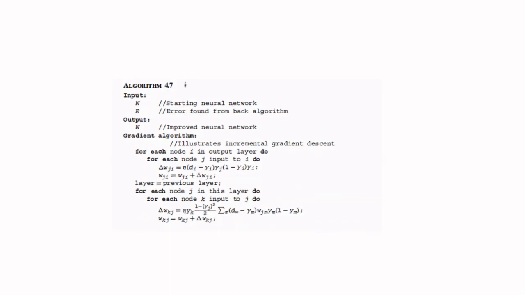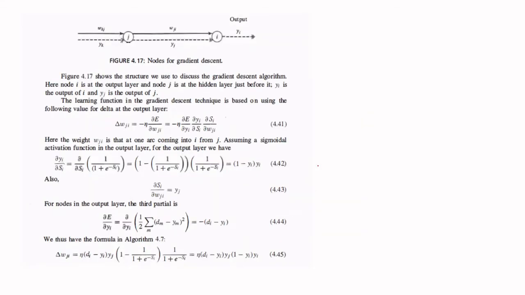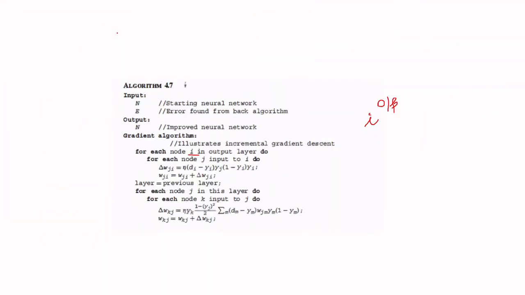For each node i in the output layer, so we said there can be i number of neurons in the output layer, and for each node j which is input to i, now you have to estimate delta wji.